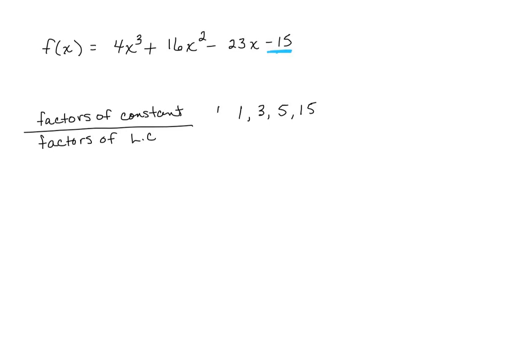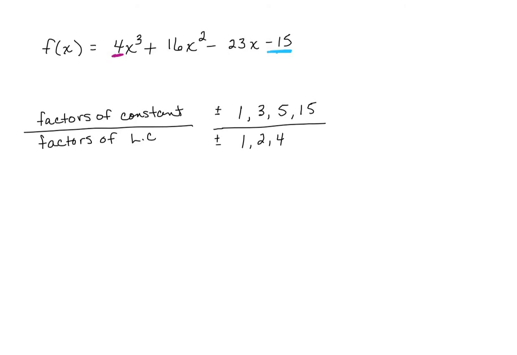So I have positive or negative of all of those. Now let's look at my denominator. The factors of my leading coefficient, which is this 4. So what factors do I have for 4? Well, I've got 1, 2, and 4. And again, I have positive and negative of all of those.